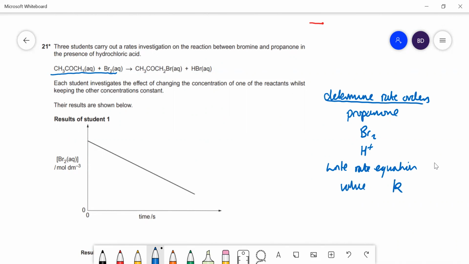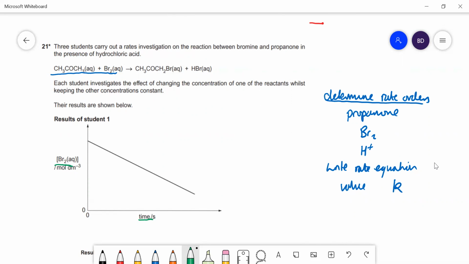Okay, so let's do that then. Right, now the first experiment is going to give us the rate order with respect to bromine. Now if you look at this, during the reaction, as time proceeds, the concentration of bromine drops.